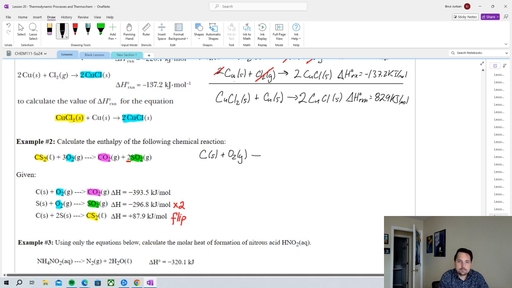I want to leave some space here. This delta H value stays the same: it's negative 393. And then this next reaction, we're going to multiply it by 2, so we'll have 2 moles of sulfur.